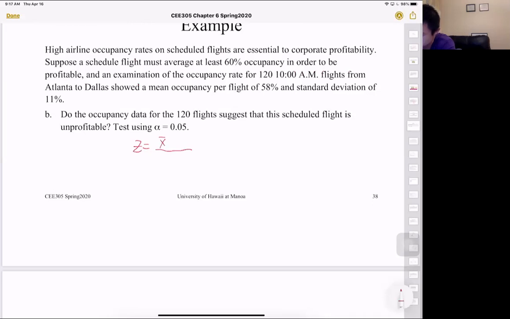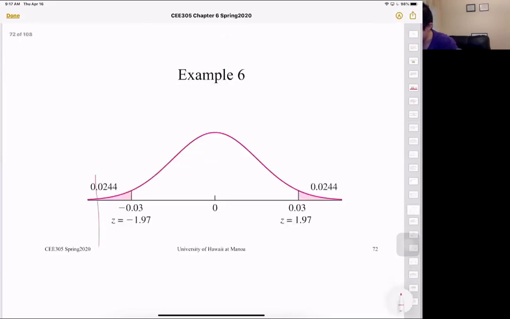So we get an average of 58%, minus the null distribution mean value, which is 60. Sample standard deviation is 11. Sample size is 120. So we calculate the z-score.